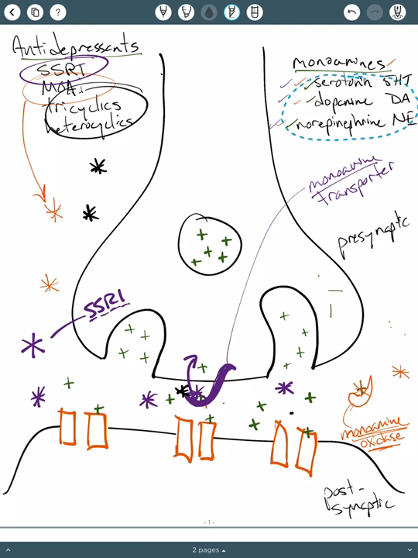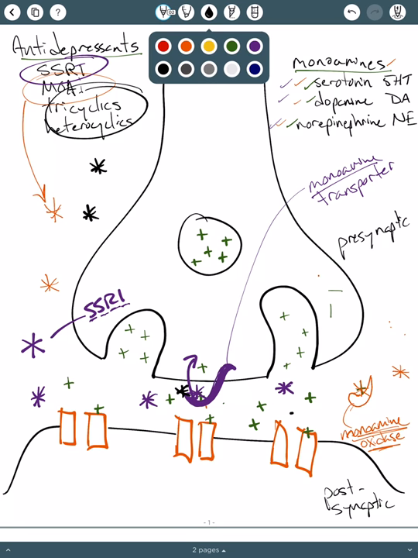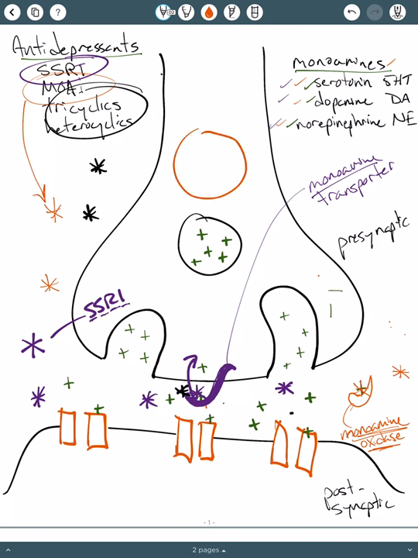Now, the cool thing about all of these drugs, whether you're interfering with the enzyme that breaks down monoamines or disrupting the reuptake of monoamines, is that you end up improving people's mood. So if people were depressed before, they get happy.